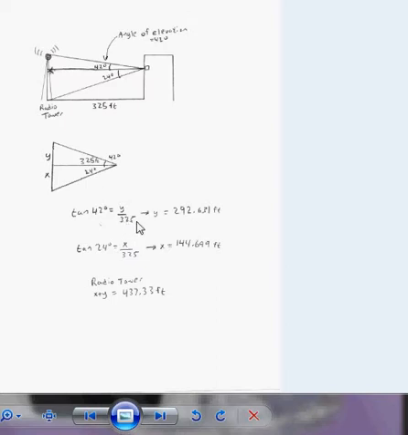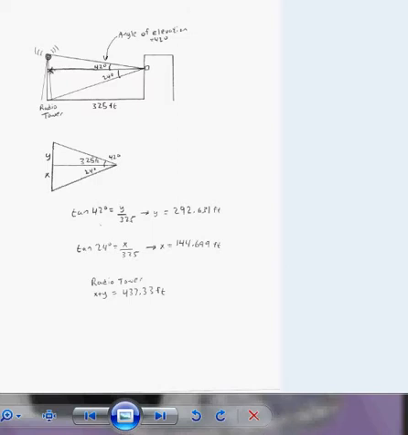In a minute, in a calculator, I'll show you how to solve that to get the length for y. And then to get the length of x, since x is the side opposite the 24 degree angle, and the 325 feet is the adjacent side, I chose the tangent function. So the tangent of 24 degrees would be the opposite x over the adjacent 325 feet.